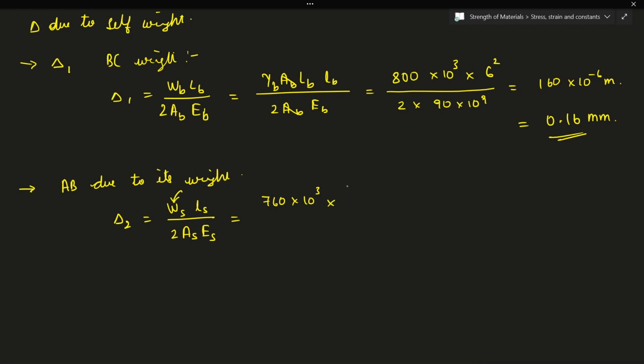Here LS is 10 meter, so 10 square divided by 2 into 207 into 10 to the power of 9. Okay, which is nothing but 1.835 into 10 to the power of minus 2 meter, which is nothing but 0.1835 m.